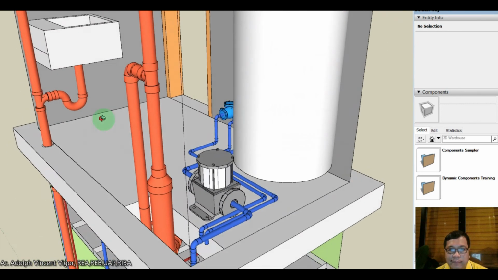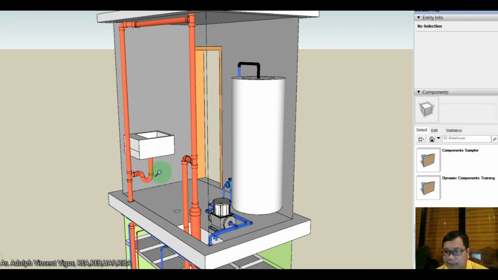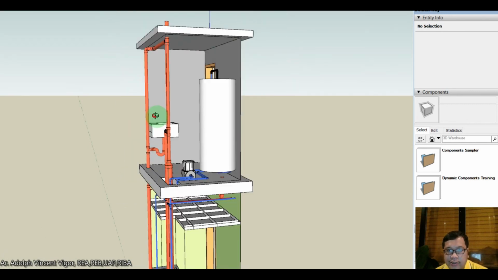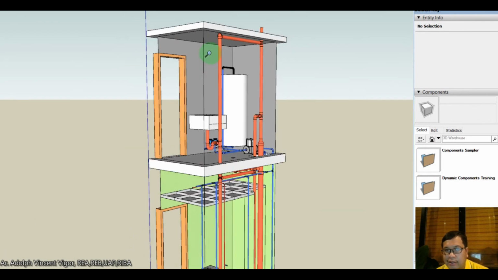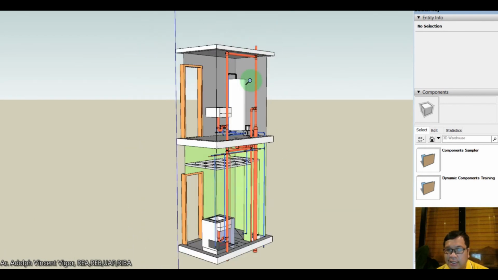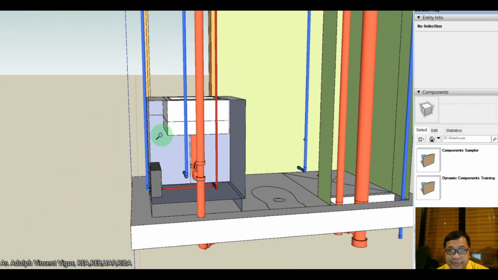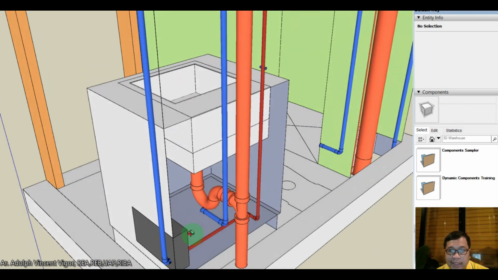Then it would also help that when you design your plumbing, especially when you use computers, that you draw it in detail, so that when you implement it at the site, you could trace it easier. Okay? And it would be easier for your workers to understand what you want to happen.